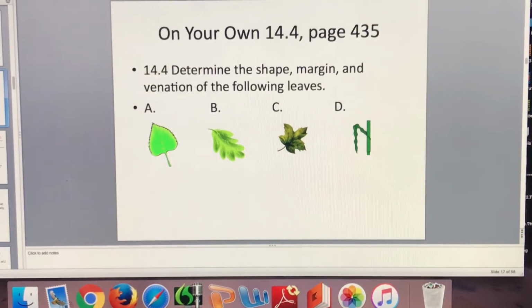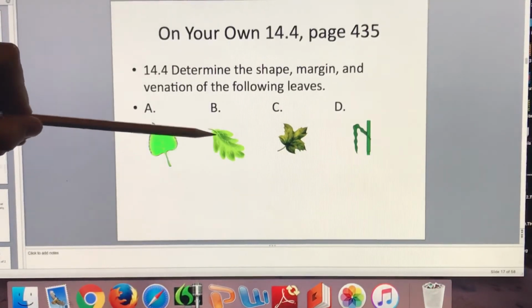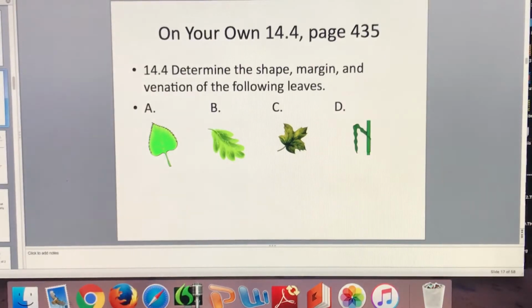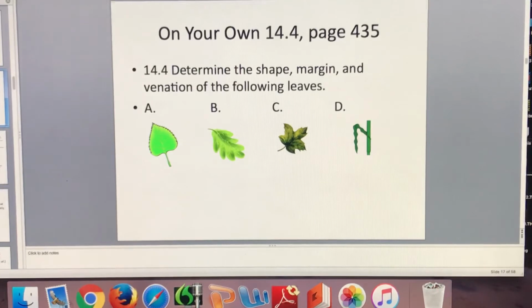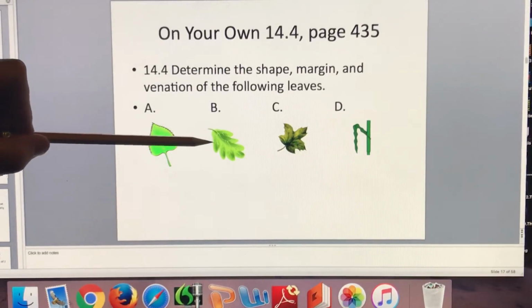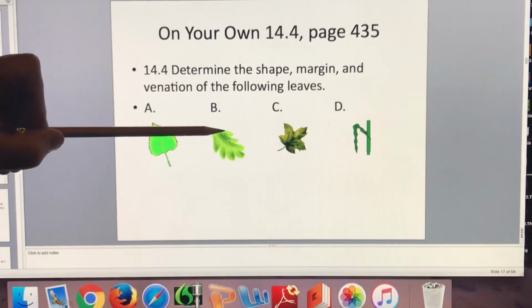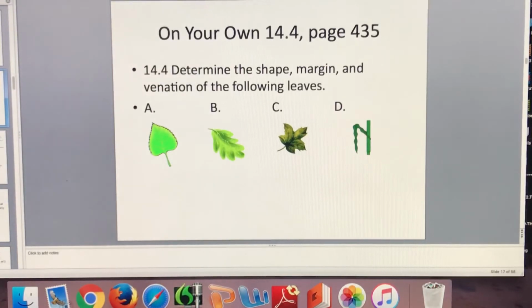Then on B, you have a lobed shape, an entire margin, that smooth margin around the outside, and a palmate venation. You can see the multiple branches coming off of there. And then on C, you have a cleft shape, the dentate margin, and a palmate venation. Once again, not vacation, but venation.